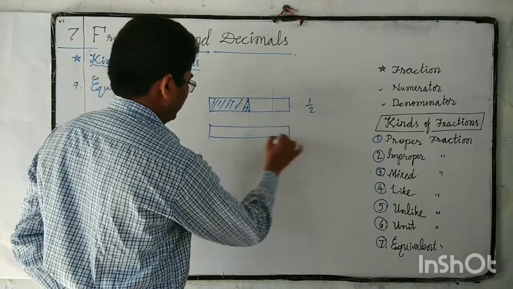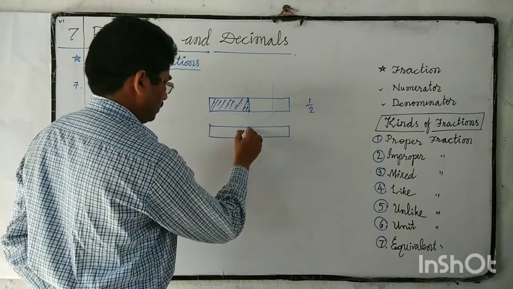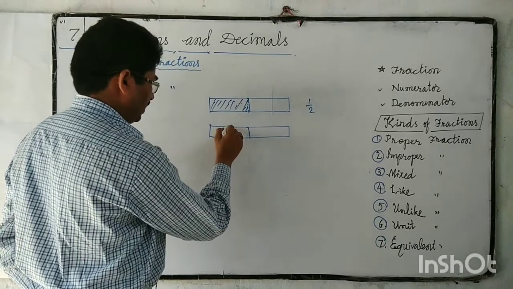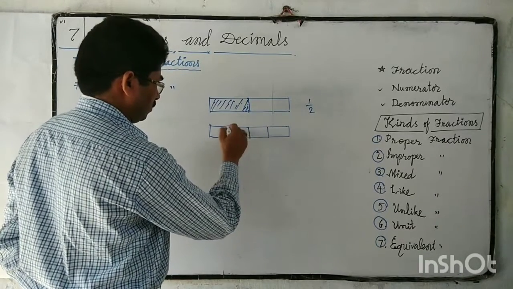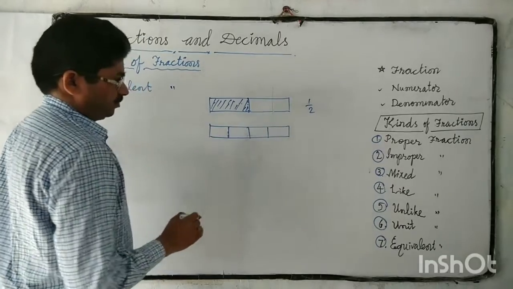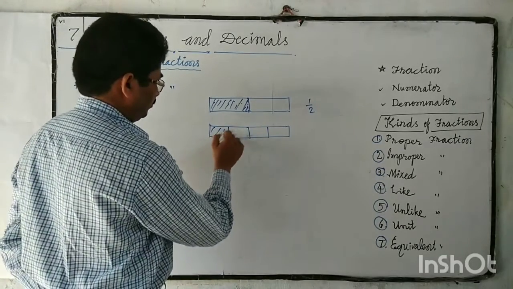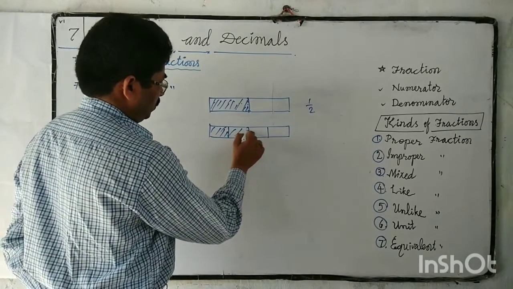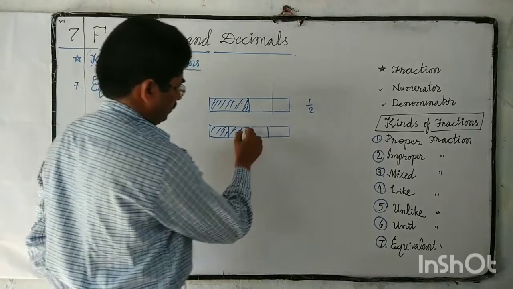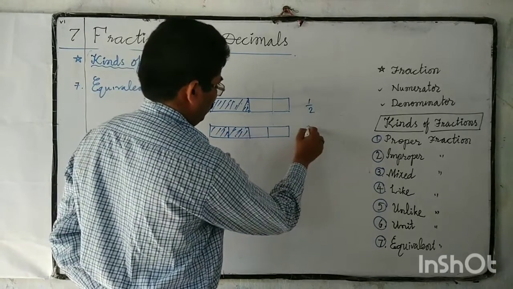This is also same length, but this is dividing 4 equal parts, but shading two parts, taking two parts, 2 by 4.